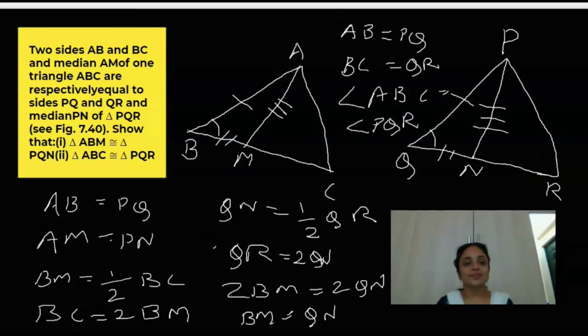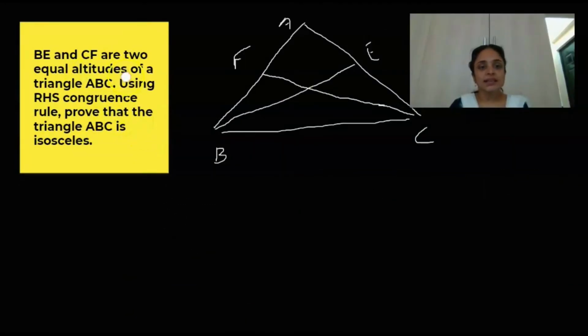Okay, understood? Next question: BE and CF are two equal altitudes of a triangle ABC. BE and CF are equal. Now, using the RHS congruence rule, prove that triangle ABC is isosceles. We have to prove that this triangle ABC is isosceles.